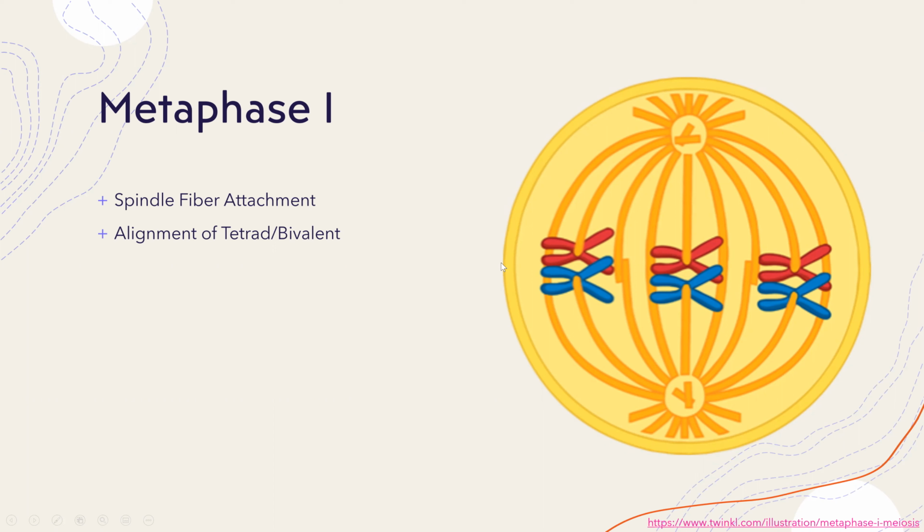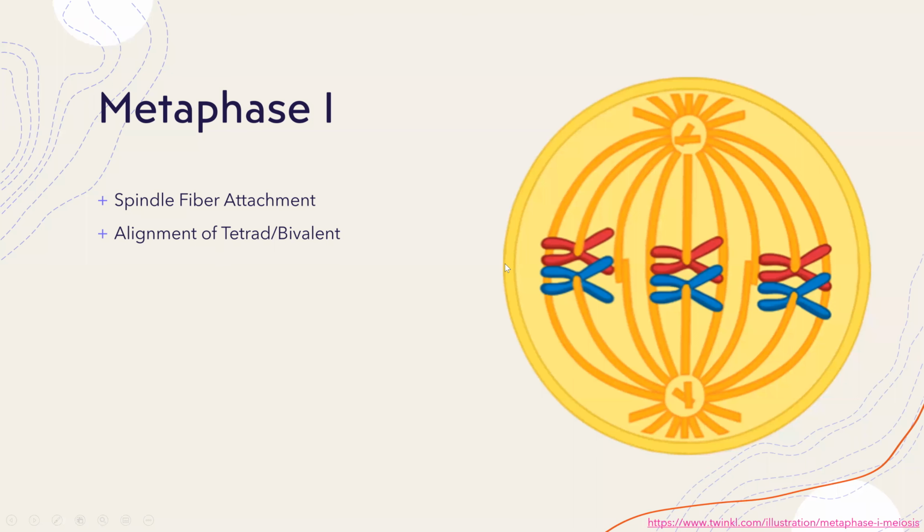So in this case, in meiosis 1, they all line up alongside the metaphase plate. They don't line up on top of or splitting along the line, because we get the separation of the homologs into two different cells.